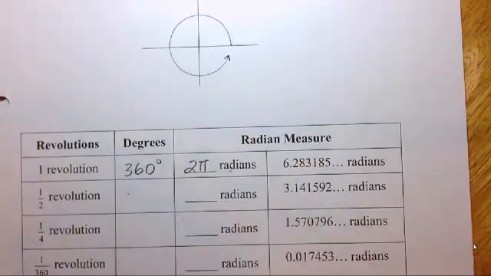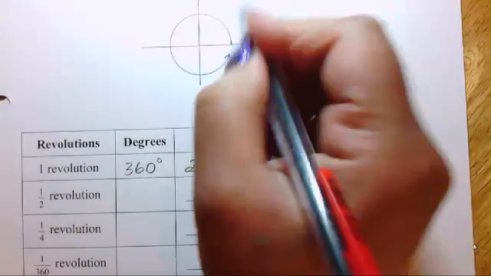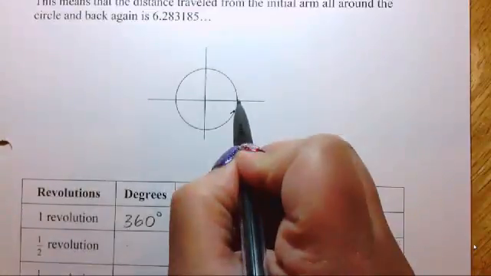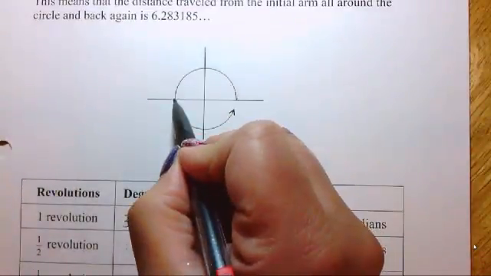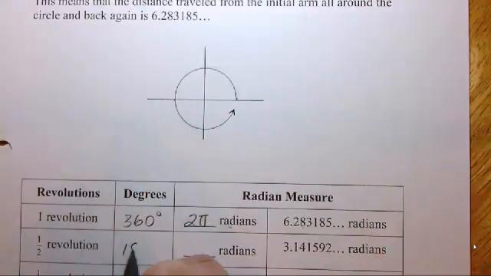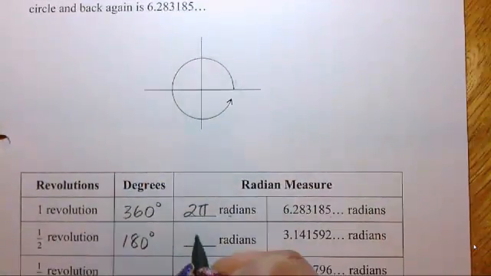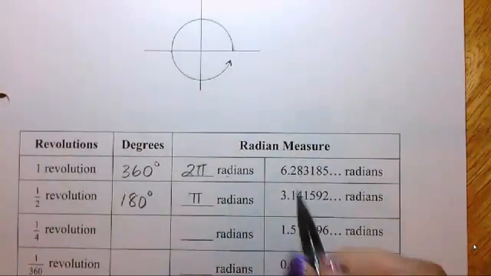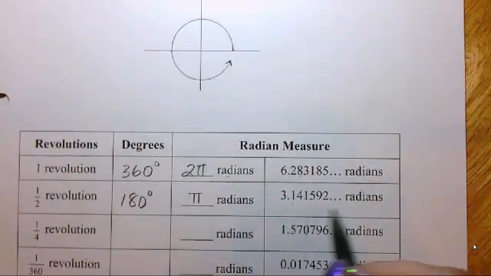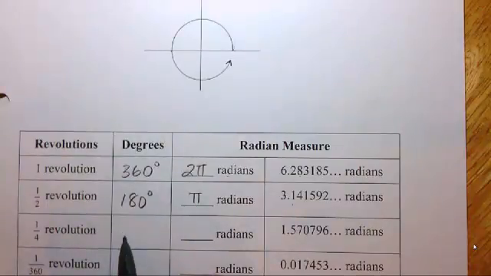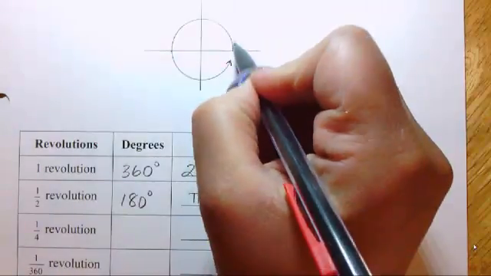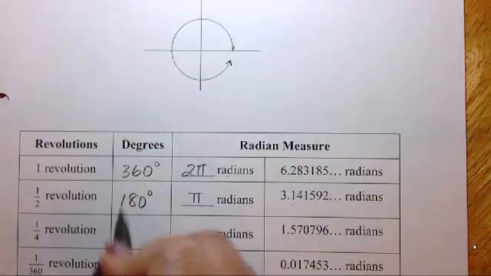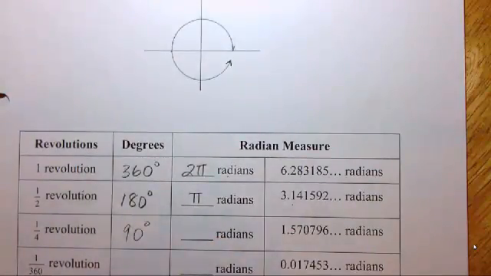We prefer to use this here. Now, half a revolution would be from here up to here. So that's 180 degrees. We know that. And that's going to be 1 pi radians. And hey, look, this is the actual value of what pi is. A quarter revolution is going to be from here to here. That's 90 degrees. And that's the same as pi over 2.